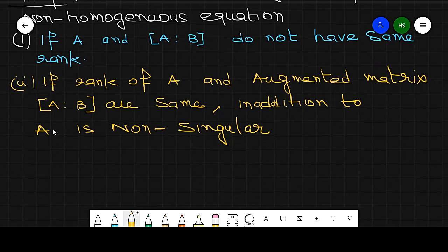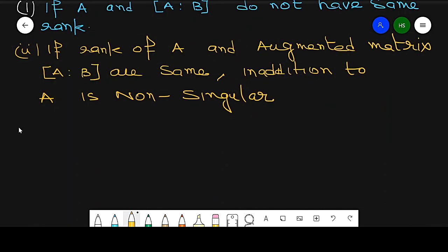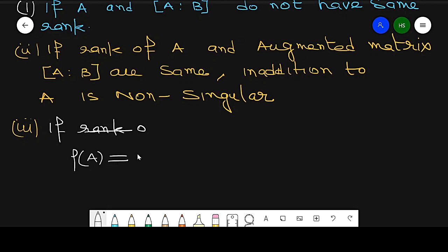In the third part, when it has infinitely many solutions, the rank of A and the rank of the augmented matrix AB are the same, but here the matrix A is singular.